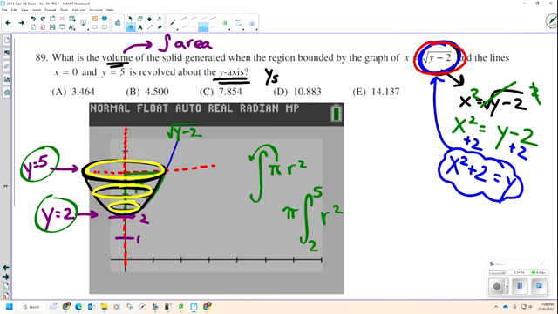Okay, that's my radius, because my radius, let me do this in a nice orange, goes from here to here. I don't know if you guys can see that too well. That right there is my radius, and that's just the value of my function right there. That's it. So it's my radius, square root of y minus 2, squared, dy. This is what I'm integrating.